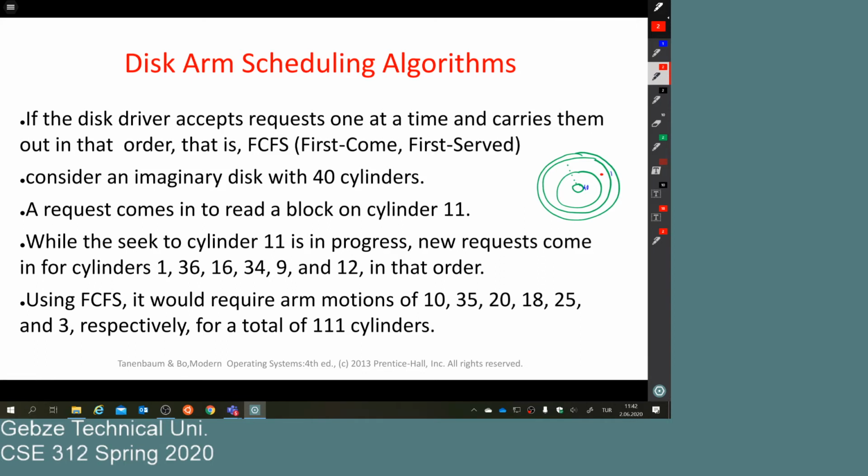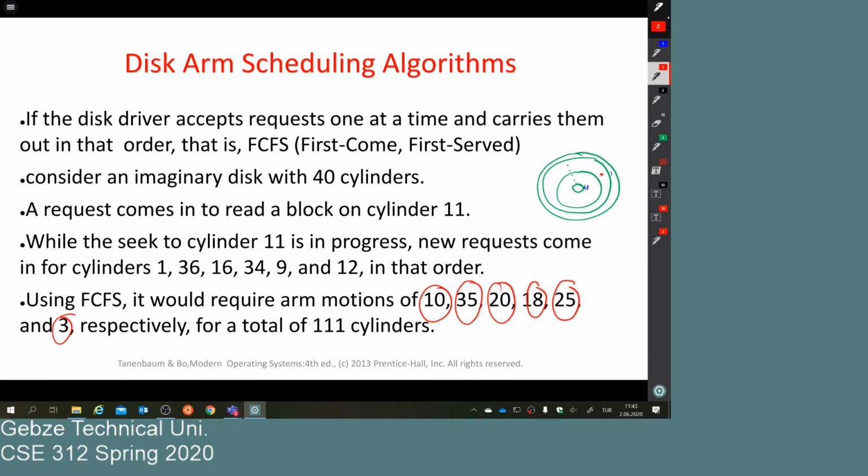Moving from 1 to 36 takes lots of time because you are moving the whole range of your cylinders. It's going to take lots of seeking time. So moving from 11 to 1 will take 10 milliseconds. From 1 to 36, that will take 35 cylinders. From 36 to 16, that will take 20, 16 to 34, 18, 34 to 9, 25, then 9 to 12 is 3.